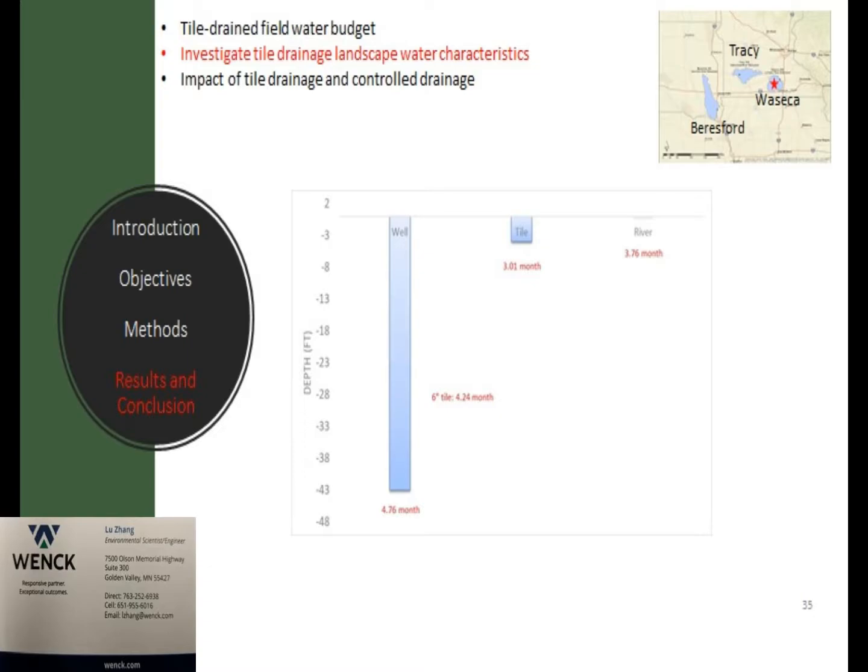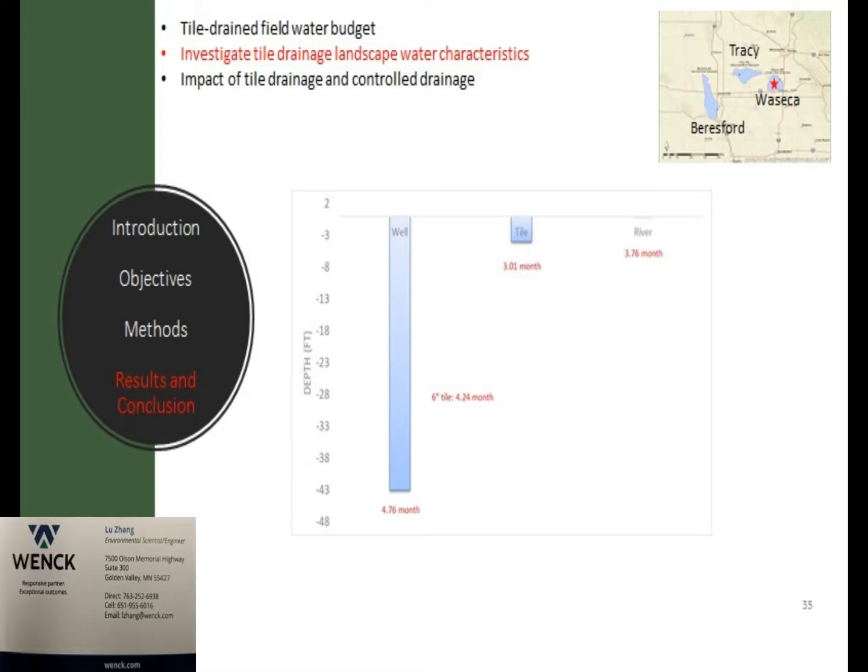Upon calculating the transit time, we take the input as precipitation water. If you look at the well, 4.76 months means that it takes water 4.76 months to move through the landscape from precipitation all the way down to that depth, which is 43 foot deep.